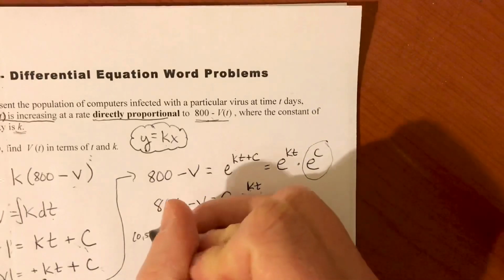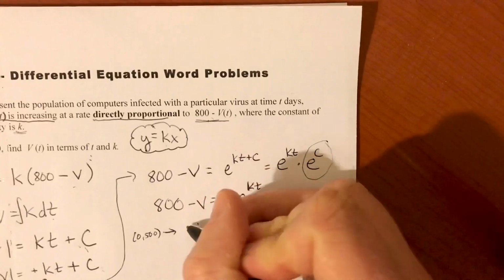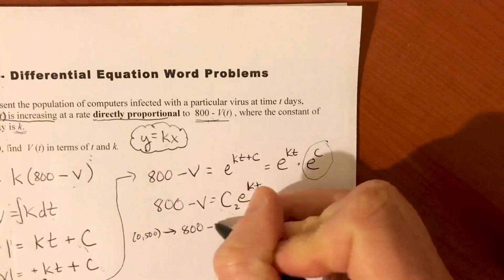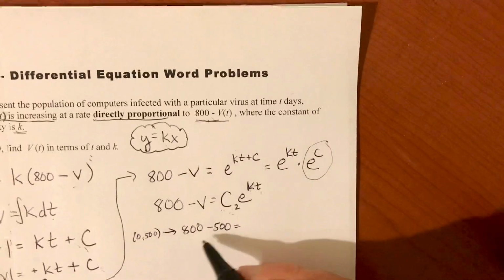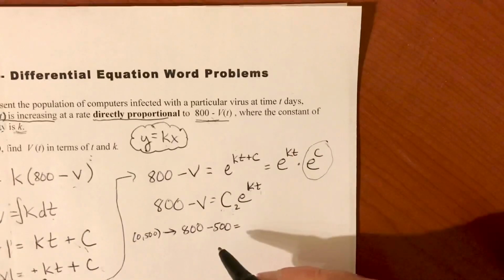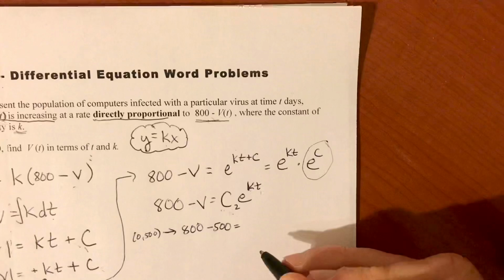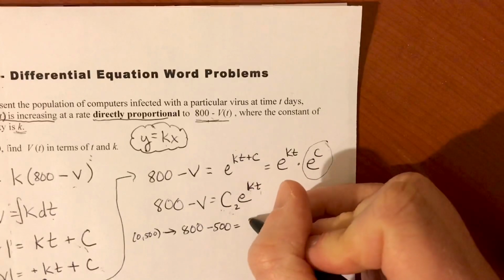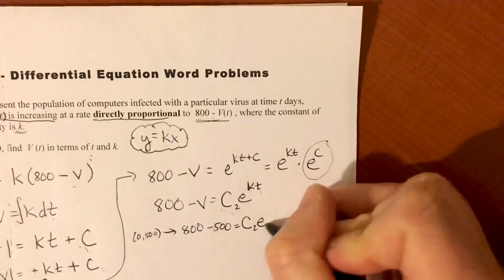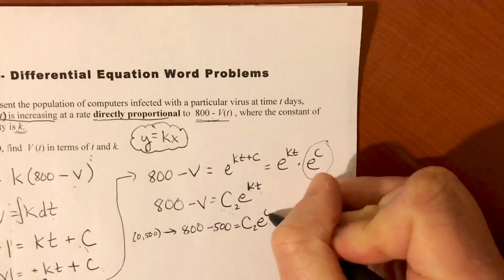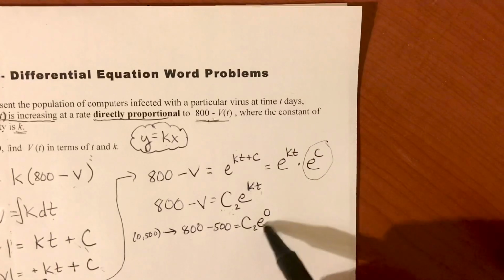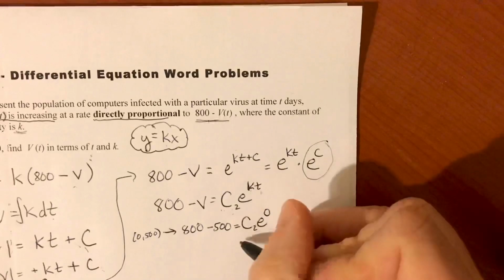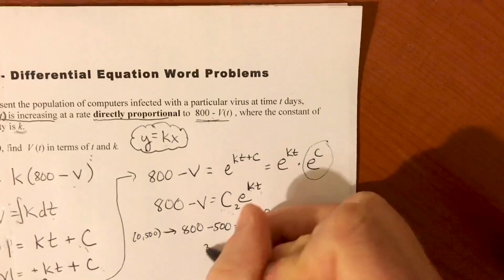I'm going to plug in 0, 500 right now. So that would be 800 minus 500. 500 represents the population that have this computer virus. Maybe I should have changed it to coronavirus to keep it a little more topical. And 0 is the time. So k times 0 is of course still 0, and that's just e to the 0, which is 1. So we have that c2 is equal to 300.